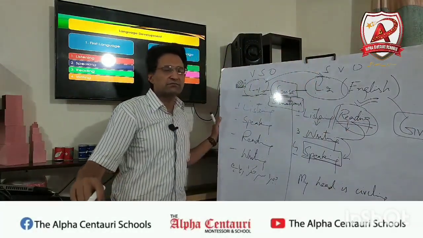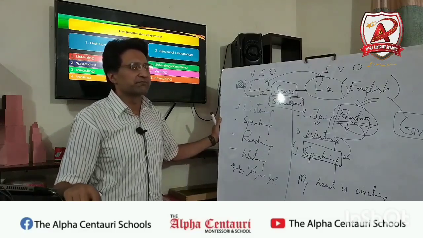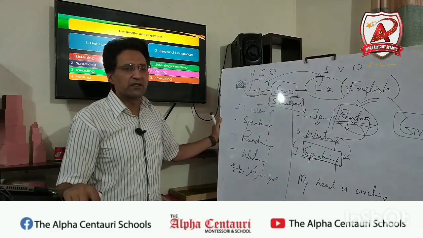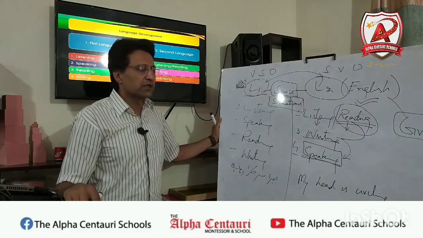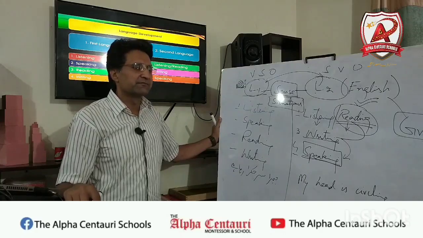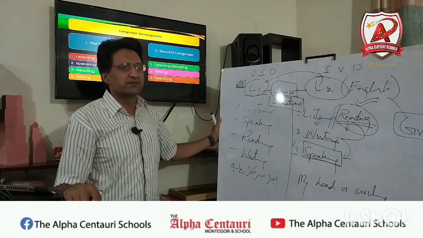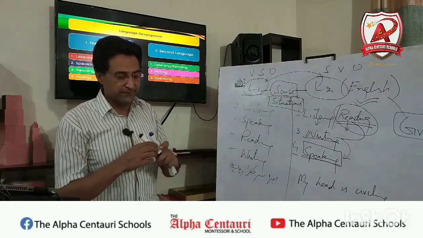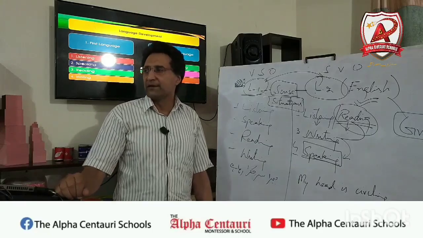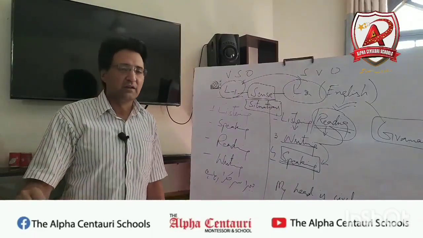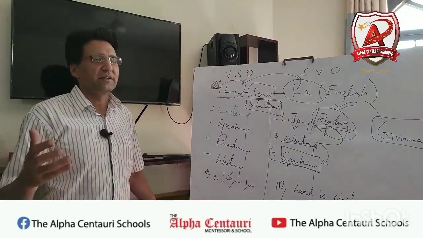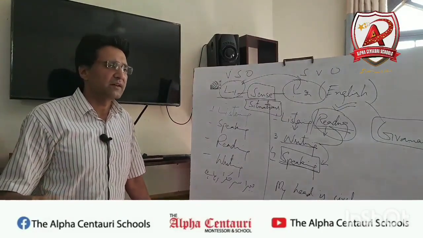Ji, which thing is more important? Language is important, no? We are supposed to learn language, or are we supposed to learn grammar? Ji, my question. So it is a mode of what?